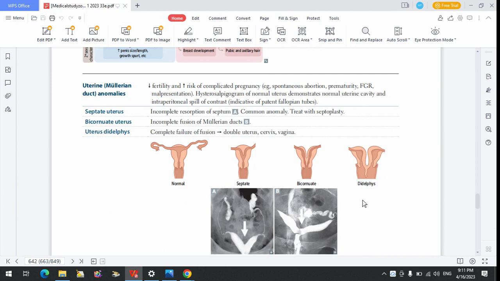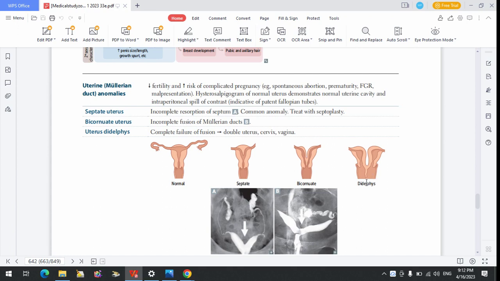You guys can get what I'm saying. Pay attention to this. It's actually due to complete failure of fusion. So you see the proximal indentation, and of course you see something that looks like a septum that divides the vagina into two.